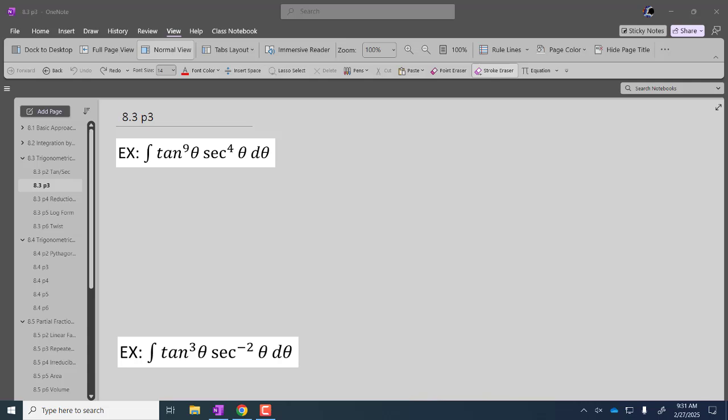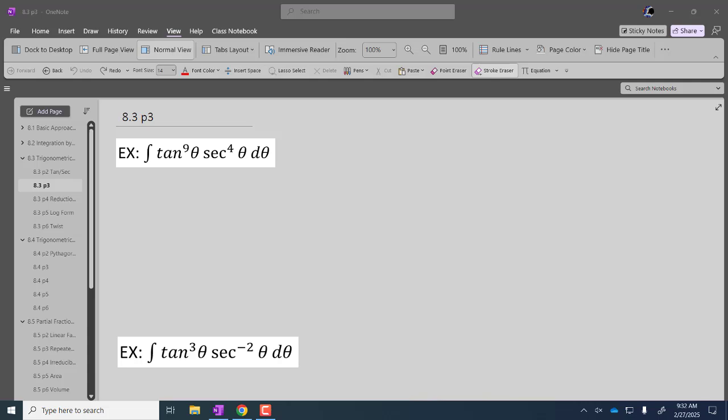The sine and cosine rules: if one of them has an odd power, pull off one factor and convert any that you left behind. So with tangent and secant, we did two examples. And the two rules were if secant was to an even power, we wanted to pull off a pair of secants. So pull off a secant squared.